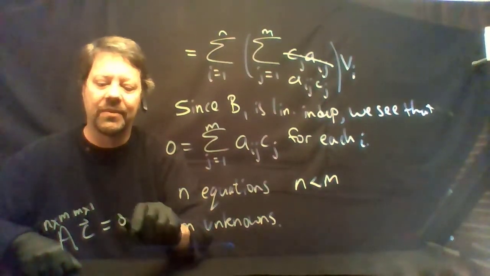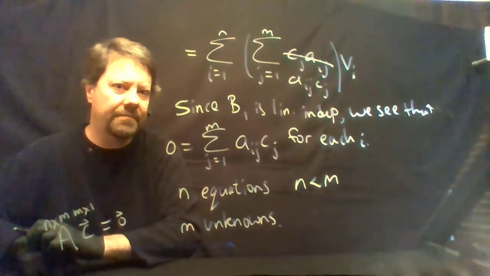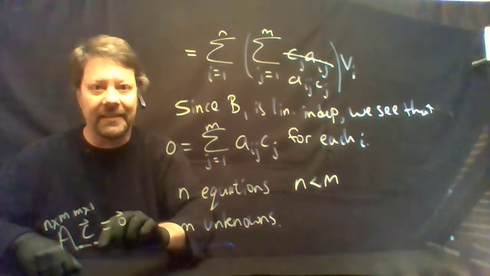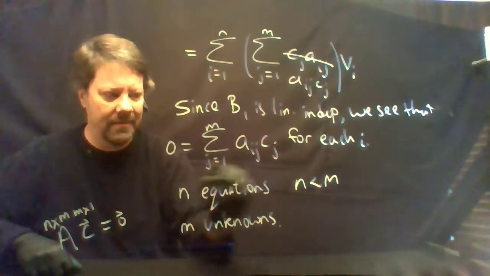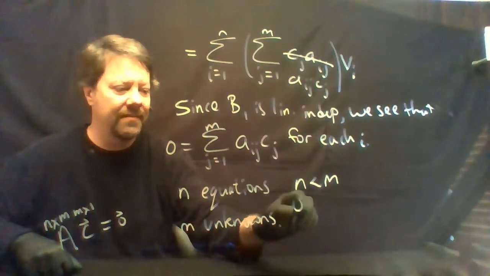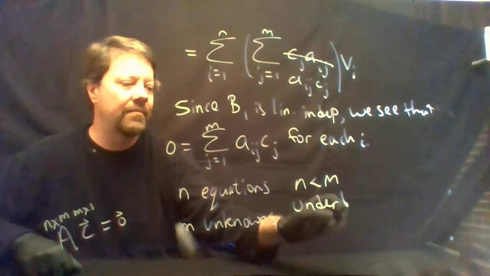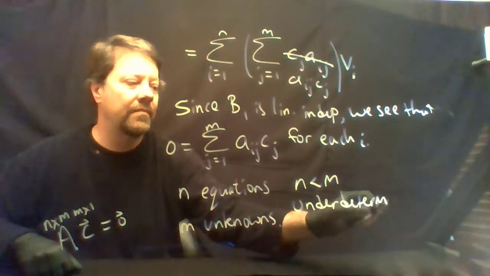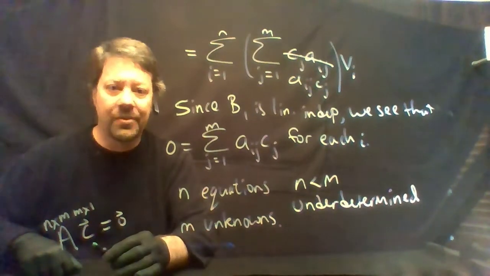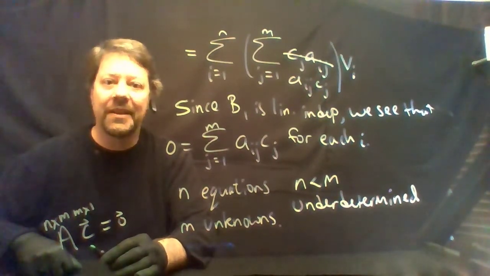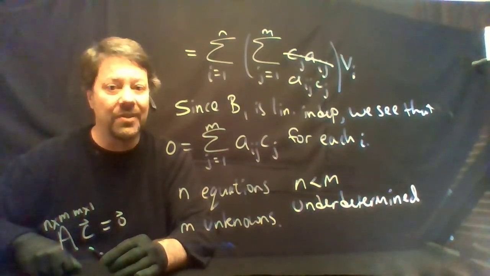We're solving this equal to the 0 vector. Now, if a linear system that is homogeneous is underdetermined, like this case, not only do you get the trivial solution, but there will be non-trivial solutions as well.